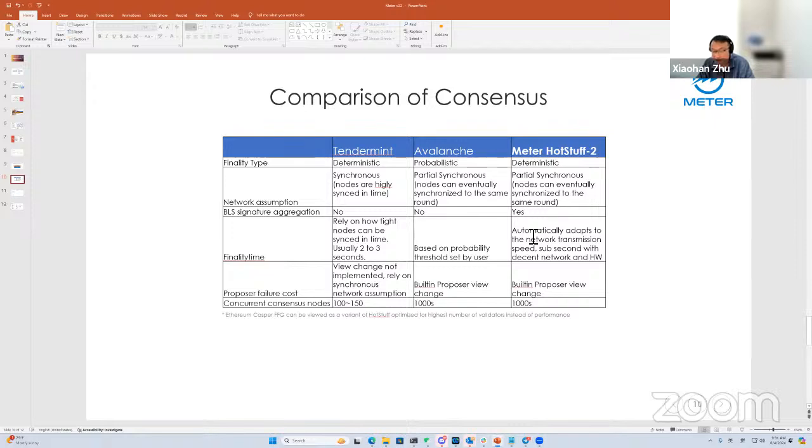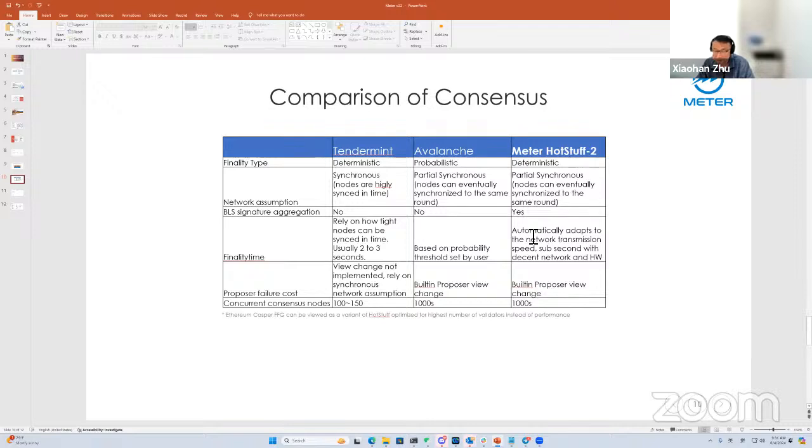The only thing is that Avalanche consensus is probabilistic, meaning you have to assign a certain threshold, for example, how many confirmations are needed for the transaction to be really finalized.